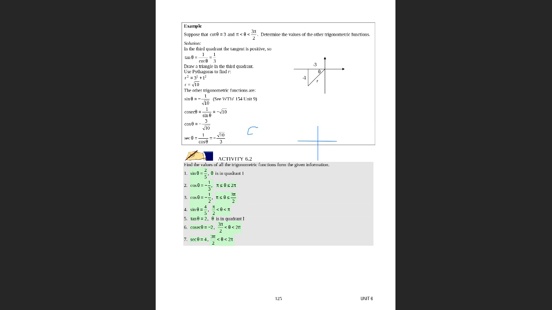Let us see that here is 0, here is pi over 2, here is pi, here is 3 pi over 2, here is 2 pi.